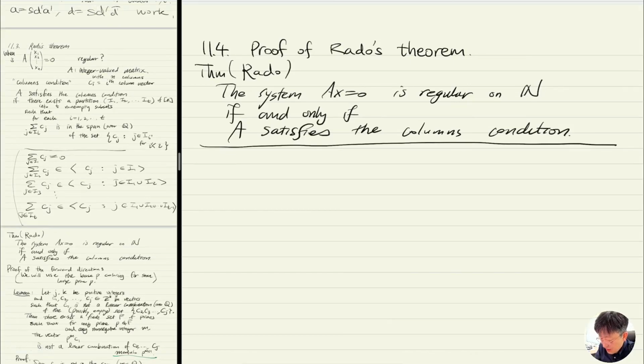So the matrix A satisfies the columns condition if you can partition the set of columns into subsets, so that the sum of the first set of columns is 0, the sum of the second set of columns is spanned by the column vectors in the first set with rational coefficients, the sum of the column vectors in the third part is spanned by the column vectors in the first and second, etc. So the sum of columns in the T-th part is in the span of the column vectors in the first, second, up to T-1 parts.